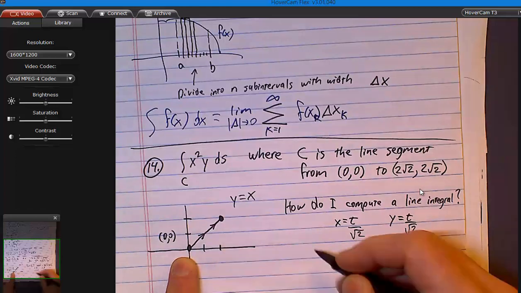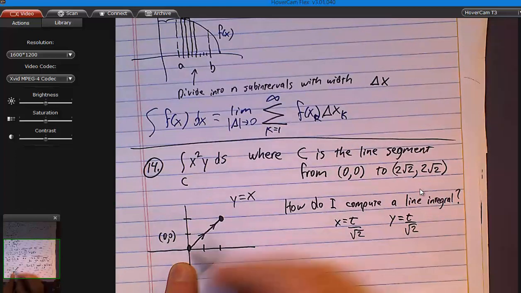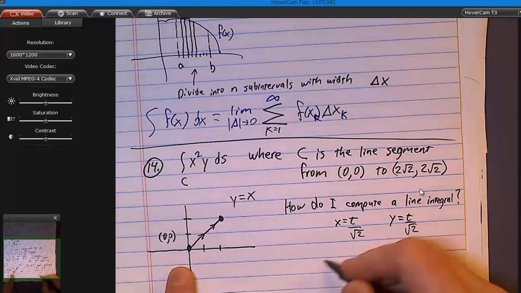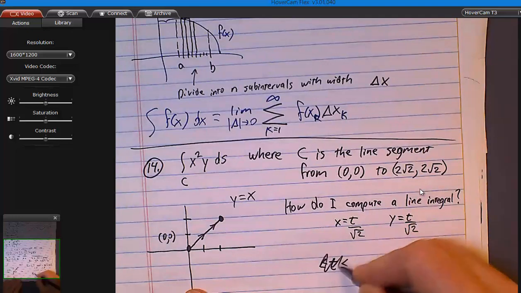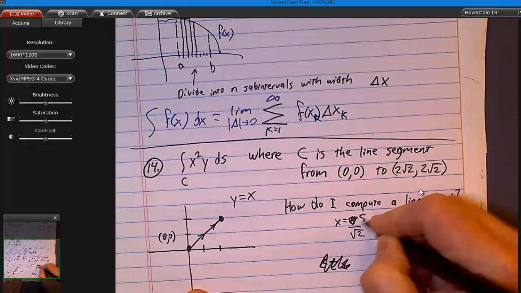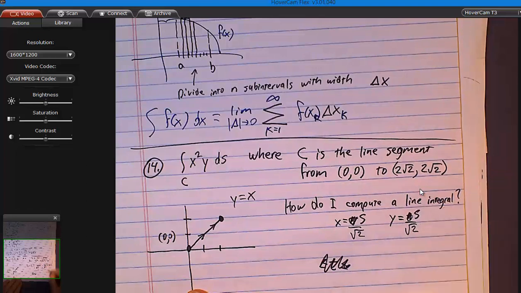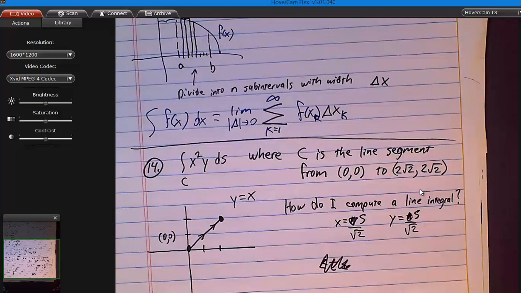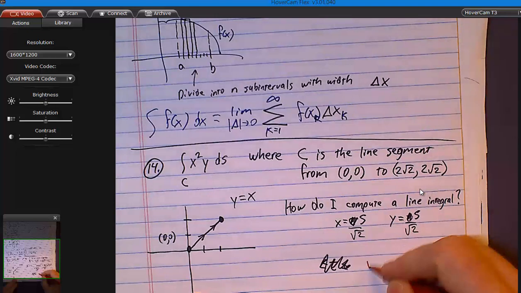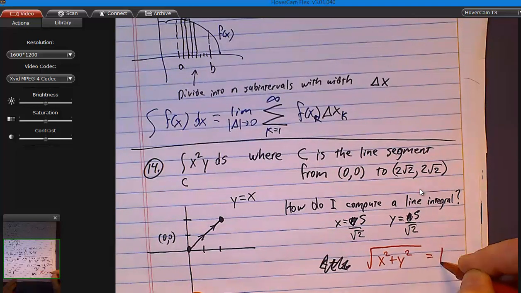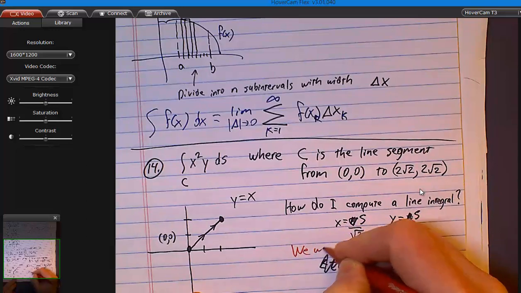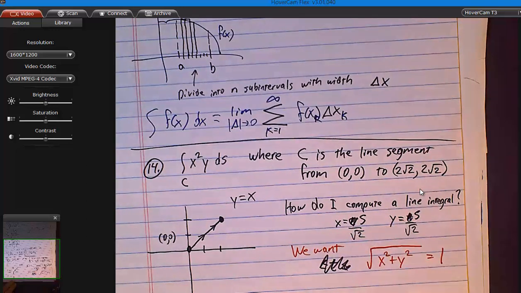If I want to go this whole distance, I would want t to range between... well, let's do s, I'm sorry. I want s, not t. And why do I want s? Because what I want, guys, is the square root of x squared plus y squared to be 1. We want the arc length to be 1.